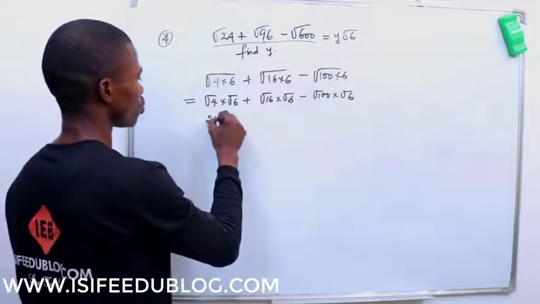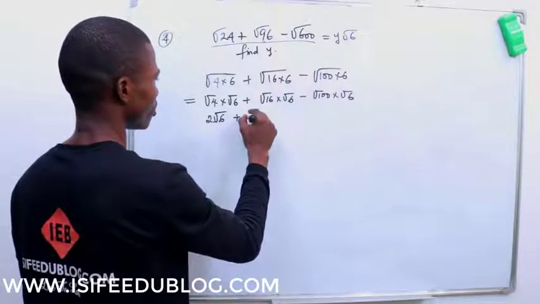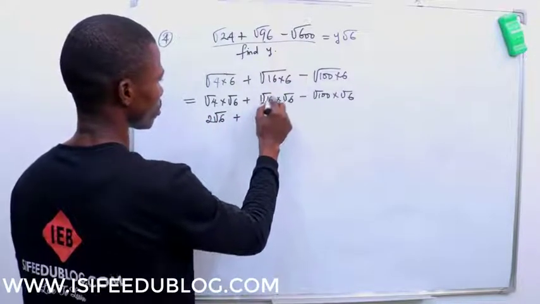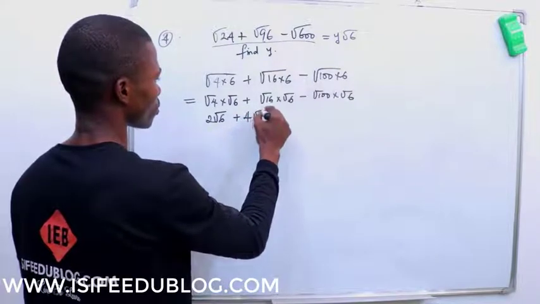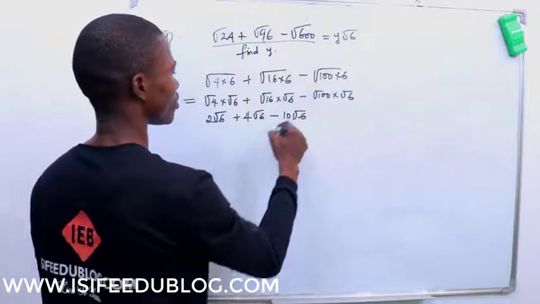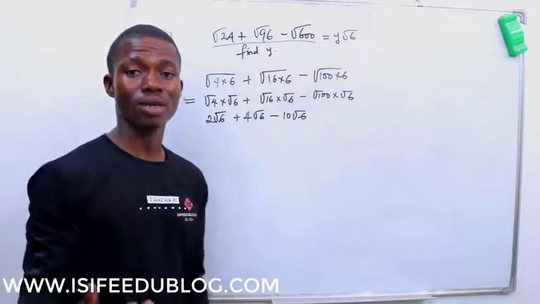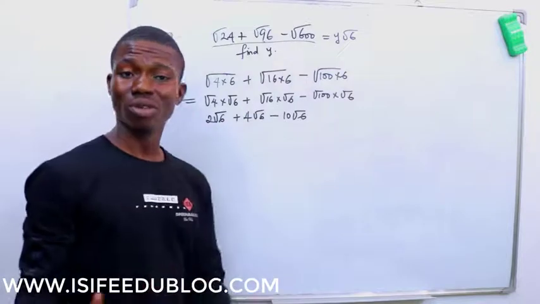So here is 2 root 6 plus, square root of 16 is 4, so 4 root 6, minus square root of 100 is 10, so 10 root 6. So here you collect like terms, the way you collect like terms in algebraic calculation.